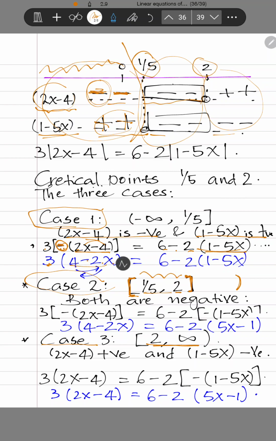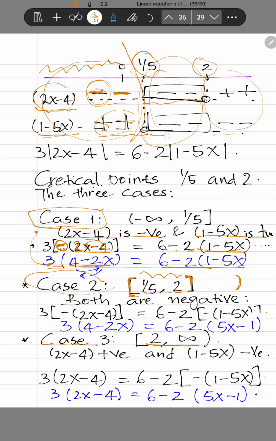Why do we have to transpose it? Because when we have a 2x here, multiplied by a negative, it becomes negative 2x. When we have a negative 4 here, multiplied by a negative, it becomes positive 4. So, in other words, we transpose. So 3 times (4 minus 2x) is equal to 6 minus 2 times (1 minus 5x). This is the first equation for this case region.